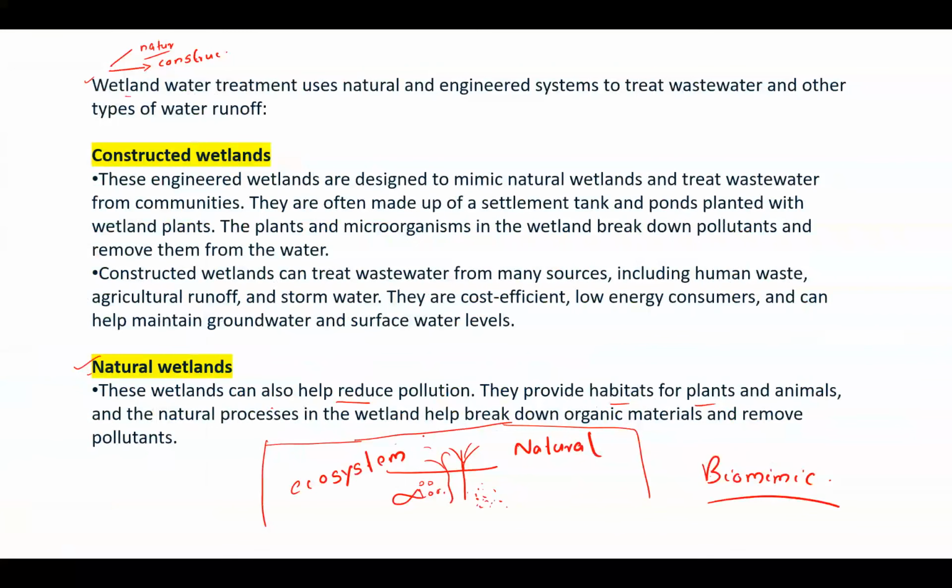Seeing this kind of system and adapting this mechanism, we can construct a wetland. Then you can flow the wastewater through the constructed wetland. We also put the bacteria inside, and we manage the hydraulic retention time. We flow the wastewater and microorganisms, and we plant different varieties of plants, and fishes will be there.